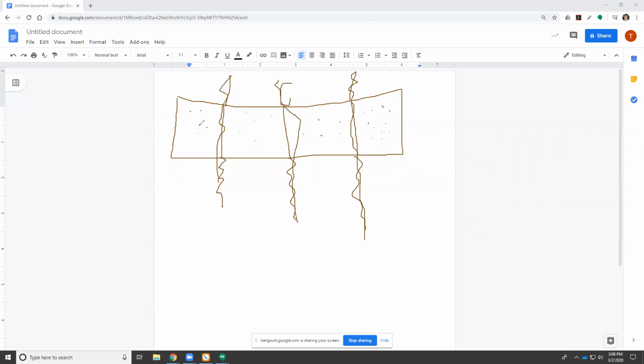So 1, 2, 3, 4. I'm going to draw a little smaller down here. So this is a smaller version of what I have up there. You see I took the one whole and I made it into 4 pieces, right?